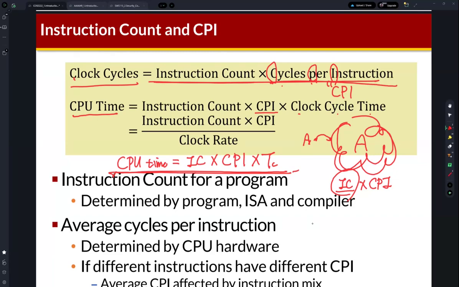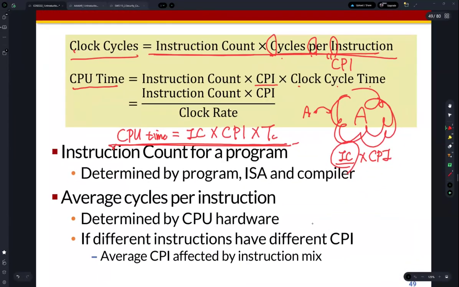Then why do we need to rewrite the equation like this? It is because it's useful for analyzing a system, and we can figure out which factors need to be improved for the performance of our computer system.